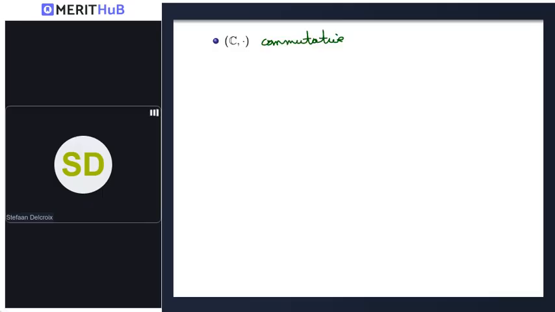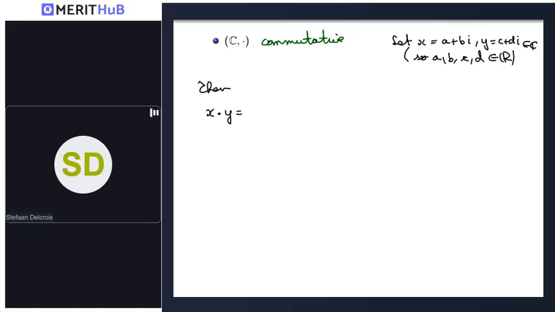So we, again, do our standard x and y be complex numbers. So a, b, c, d are real numbers. And we start calculating x times y. So that's a plus bi times c plus di. Yes, you FOIL everything.